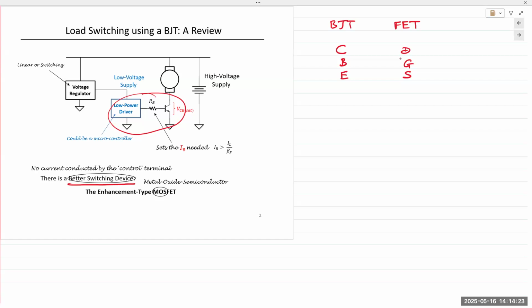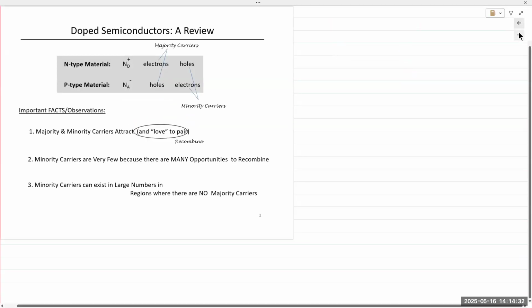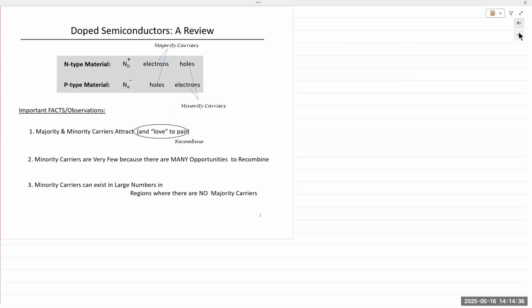But the operating principle, the theory, is actually older. The concept of an FET is older than that of the BJT. But the BJT can be said to be a current control device because of the input of the current. FET is known as a voltage controlled device.